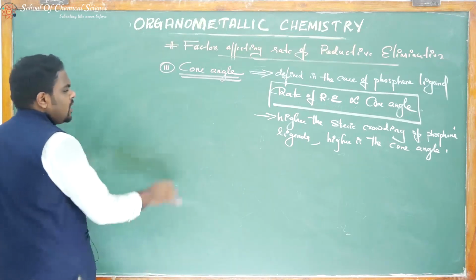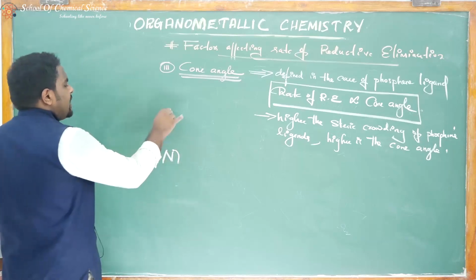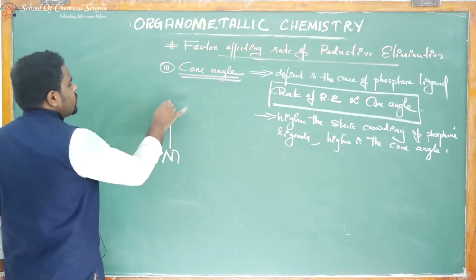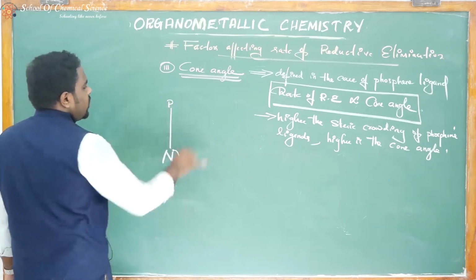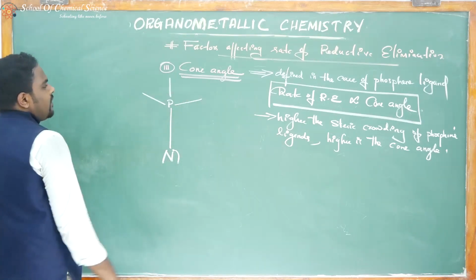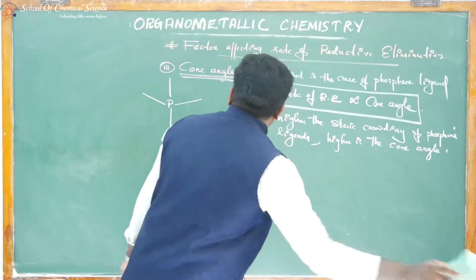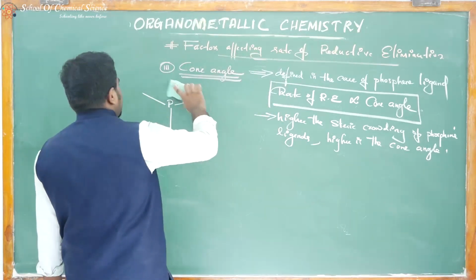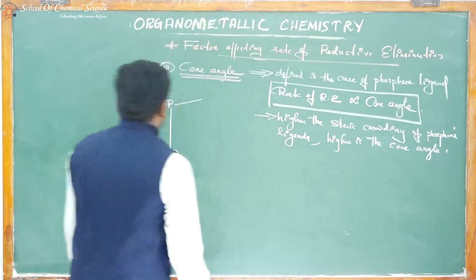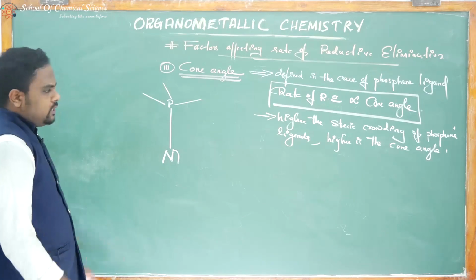Cone angle means, suppose this is a metal connected to a phosphine ligand. You know, phosphine ligand has 3 valencies, and they can be represented like this.